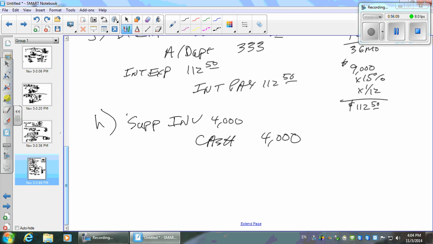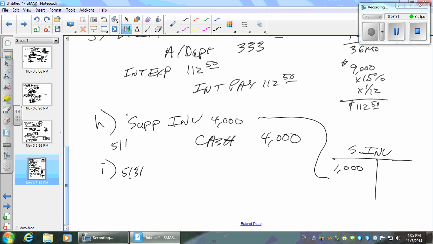Then it says at the beginning of the month there were 1,000 on hand, and at May 31st it says on hand is 500. Prepare the entry. So this was at May 1st, and I want to do May 31st. I started with 1,000 and just added 4,000 to it.